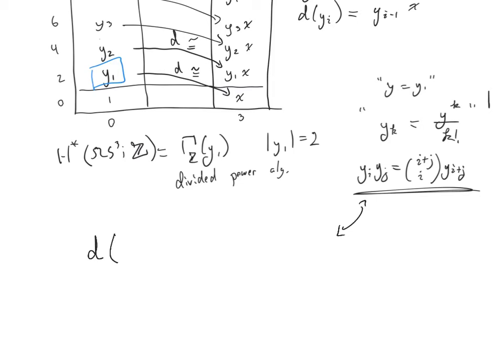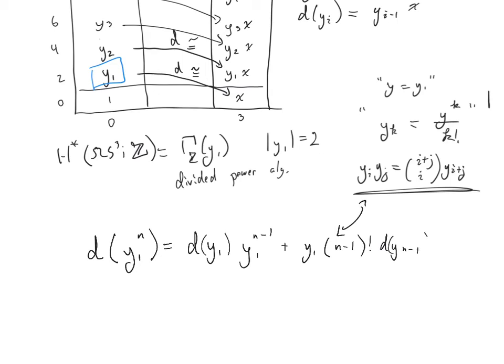So if you try to compute the differential on y1 to the nth power, you're going to end up with d of y1 times y to the n minus 1 plus, and the degree of y1 is 2, so because it's an even generator, I get just a normal plus, y1 times, and then inductively, n minus 1 factorial d y n minus 1.